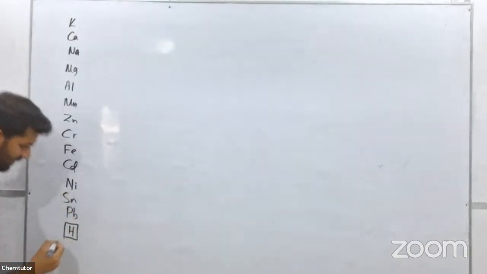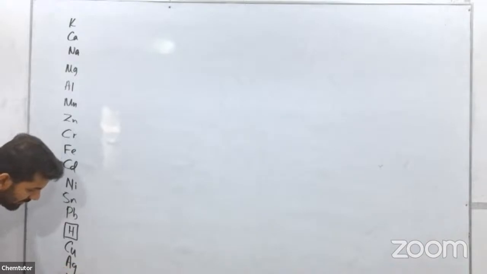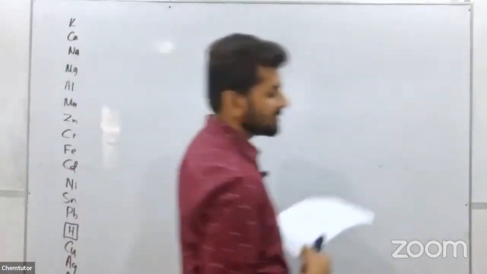Here's the hydrogen. So all these metals will react with acids. Then copper, silver, and gold, they will not react. So our conclusion has to be a metal above hydrogen in the reactivity series. Since the colorful solution is given, it should be a 3D transition element. So you have to write your conclusion like that.